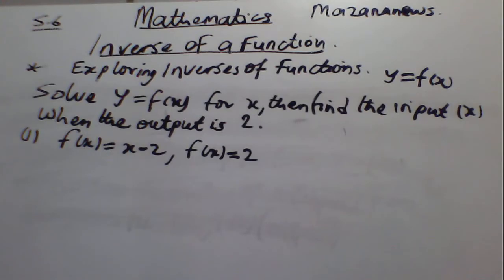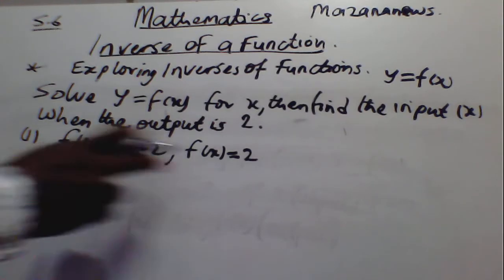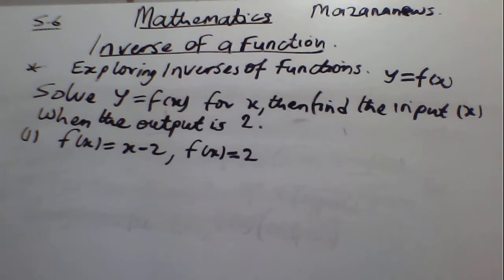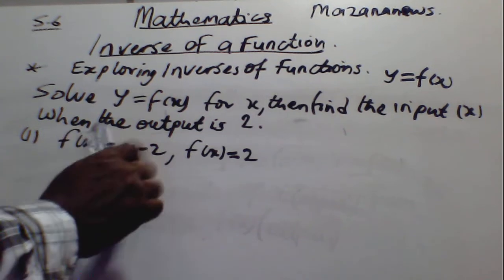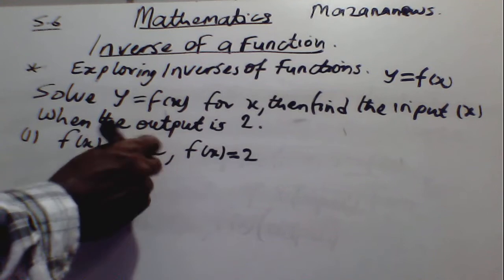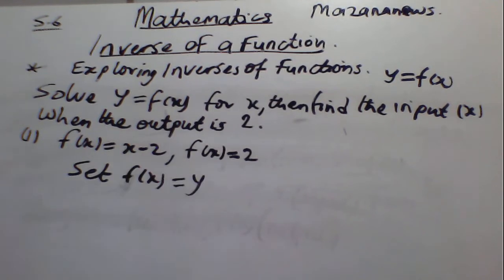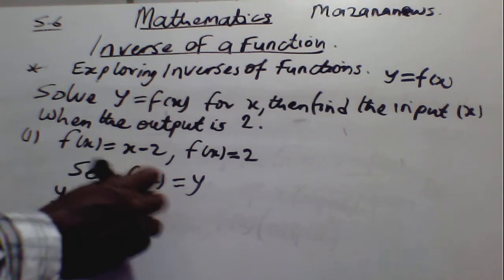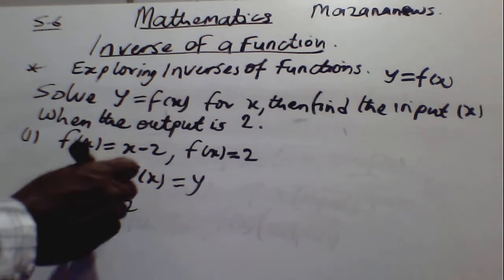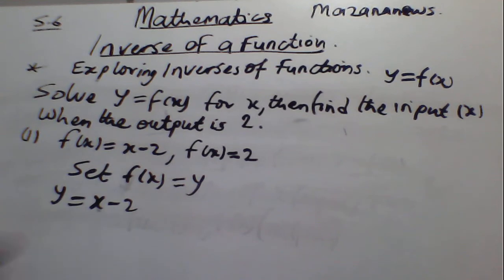Since we stated the equation of the form y equals f of x, the first thing is to set f of x equal to y. Then we have y equals x minus 2.